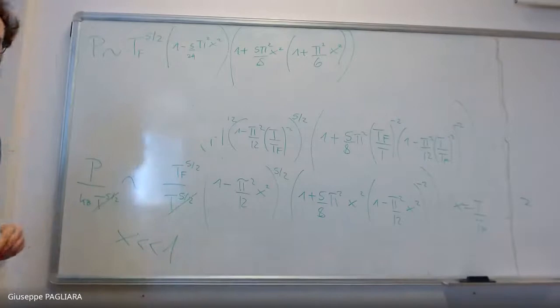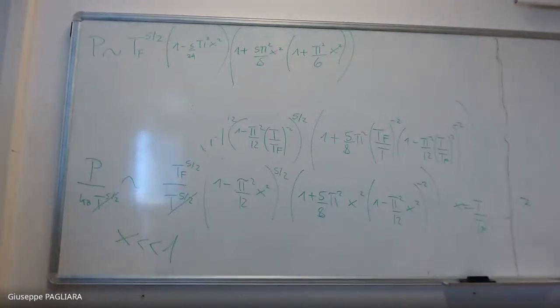And I think that's all. Okay, let me check. I get 1 minus 5 over 24, 5 over 8, 1 plus pi squared over 6 x squared.